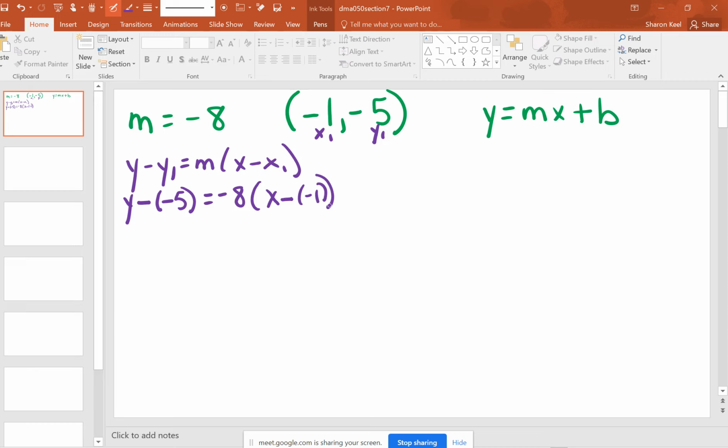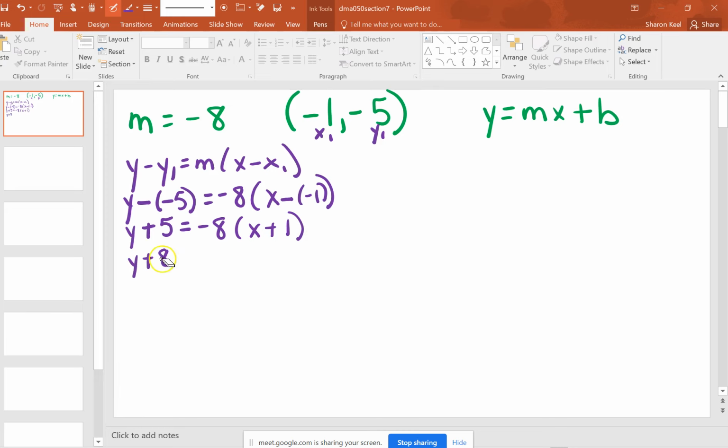So what we've got to remember here is to change minus negatives to plus positives. So that becomes y plus 5. And this, let me recopy first because I need to adjust this, x minus -1 gives me a plus 1.